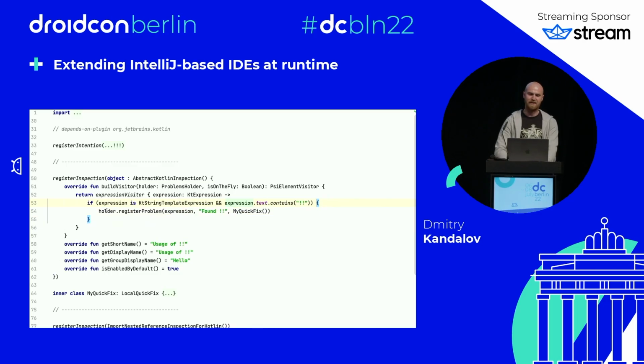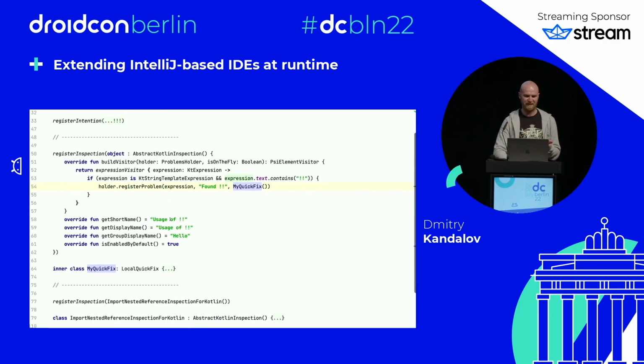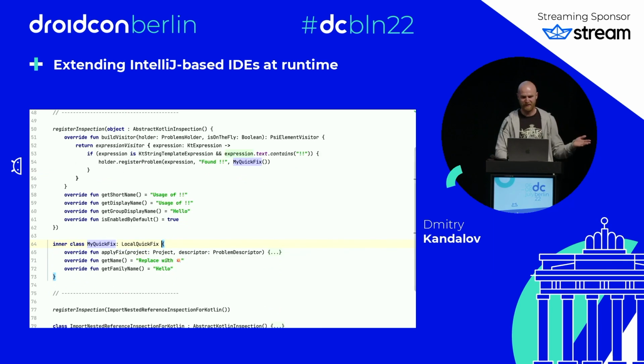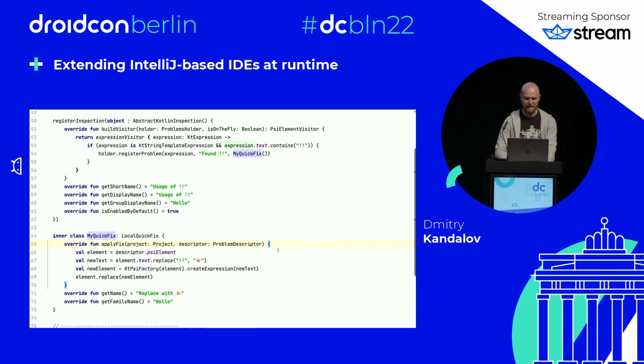And then instead of returning true or false like previously, here it registers a problem, which just reports there was a problem with some description. And it also registers a function like this class, my quick fix, which is how you're going to fix this problem once you found it. And here it's doing a similar thing.